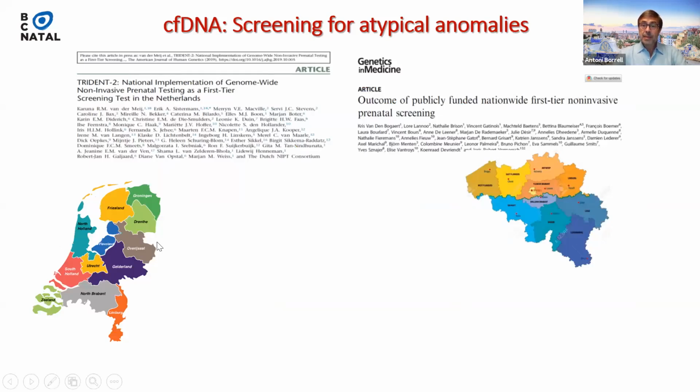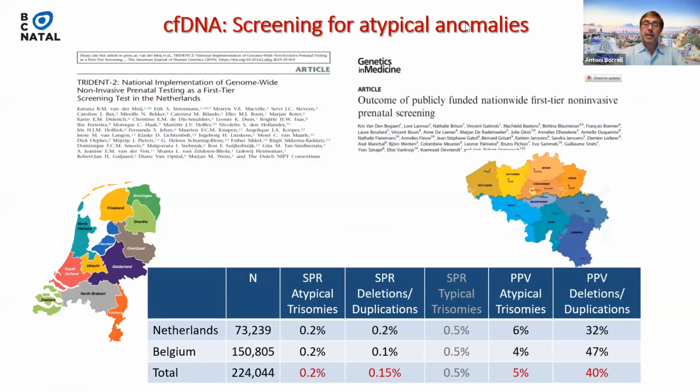And for assessing this performance, I've chosen these two population studies, not only in Holland, where they are using cell-free DNA as a primary screening, but also in Belgium, where they also use cell-free DNA as a primary screening. Here we have the numbers, high numbers, 224 pregnant women from the general population with a full follow-up.